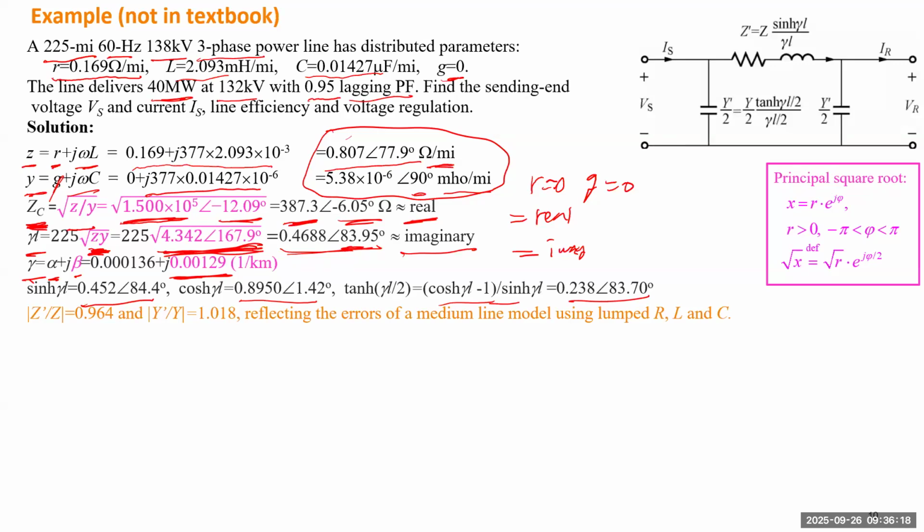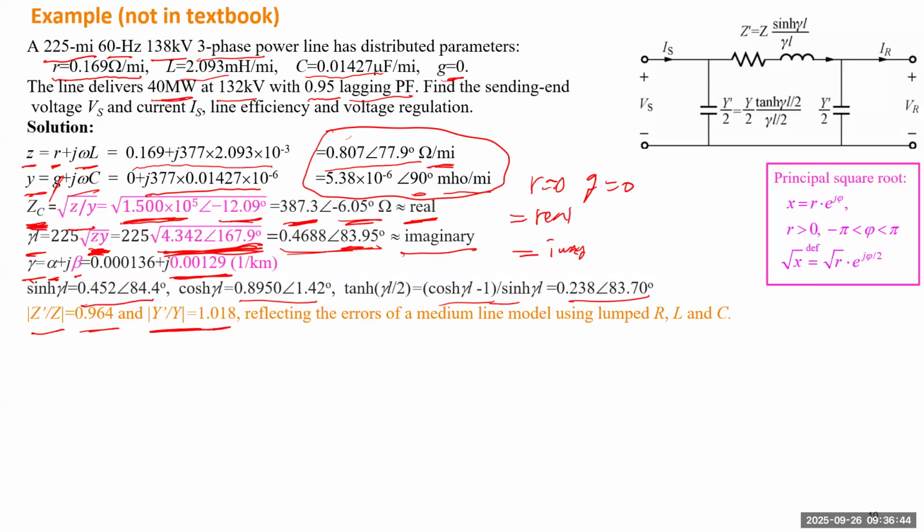Those two factors: the first is z prime to z. The ratio of z prime to z is 0.964, which means if we use the actual z for the calculation, the error is about 3 to 4% for impedance. For admittance, that ratio is even closer to 1.